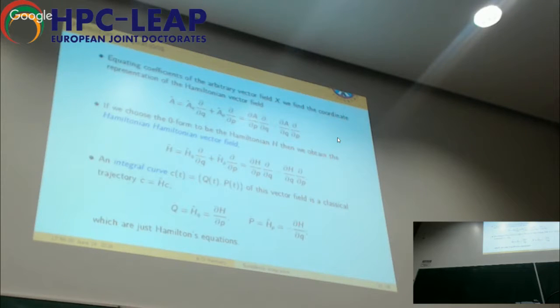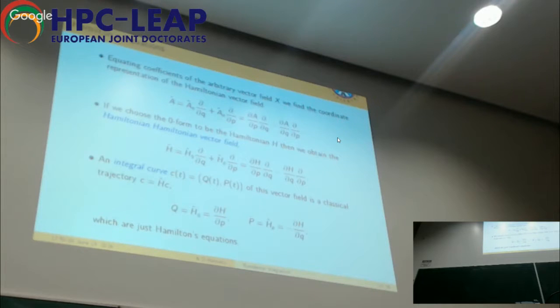And if you consider a curve, that is just a mapping from the real line into the manifold, so it's got coordinates q of t, p of t, where t is a parameter, a time parameter if you like, that parameterizes the curve. This has to be a smooth curve in the sense that the mapping from t to the coordinates is a differentiable function.